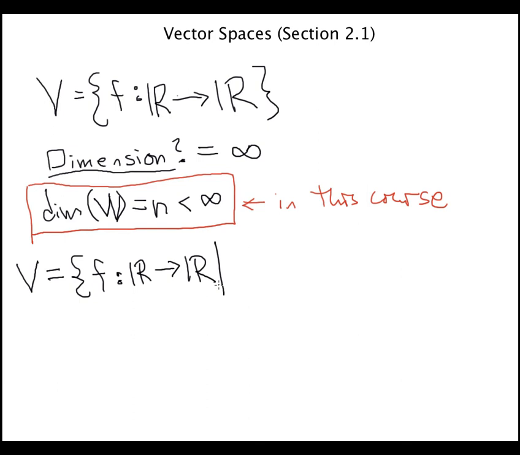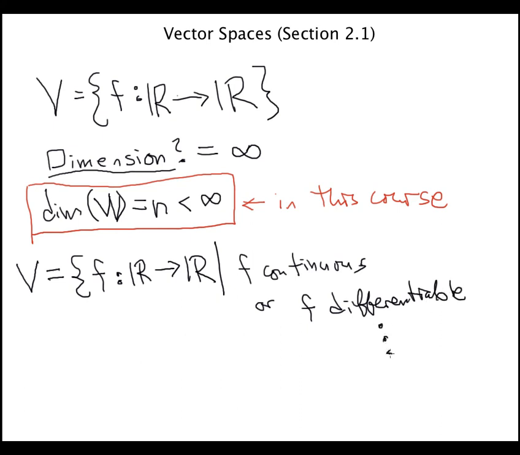There are all sorts of crazy functions. But you could take, for example, continuous functions. Or you could take f to be differentiable. There's lots of different families of functions. All of these tend to be infinite dimensional.